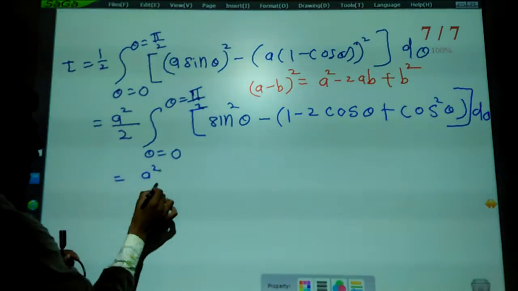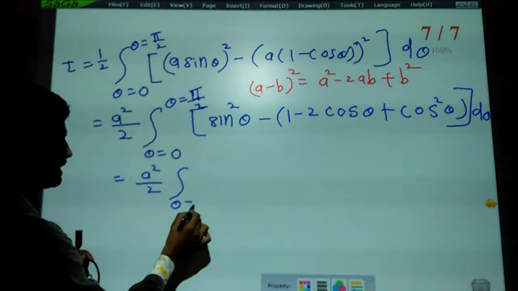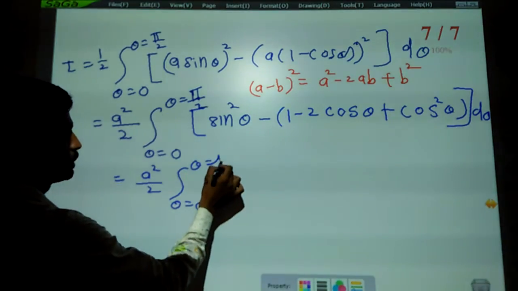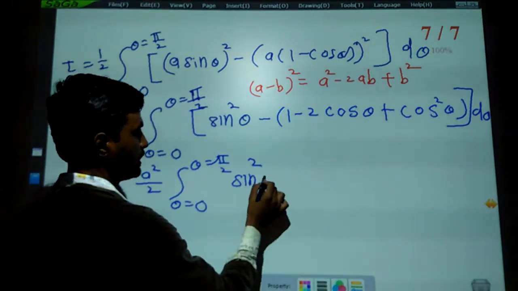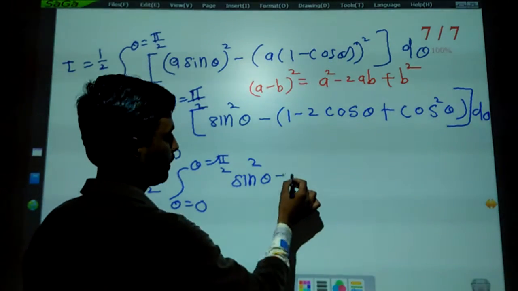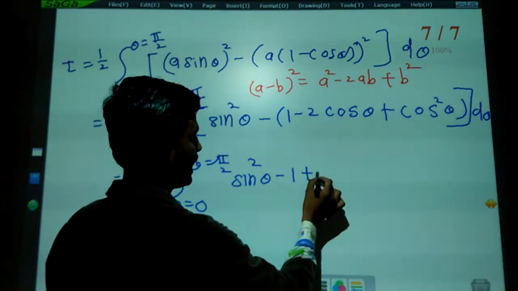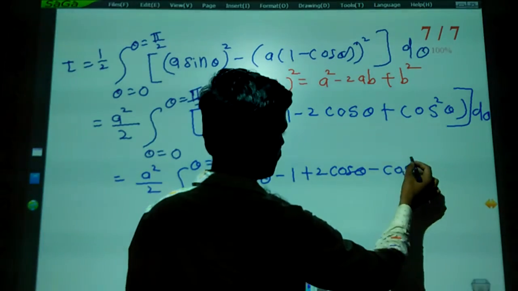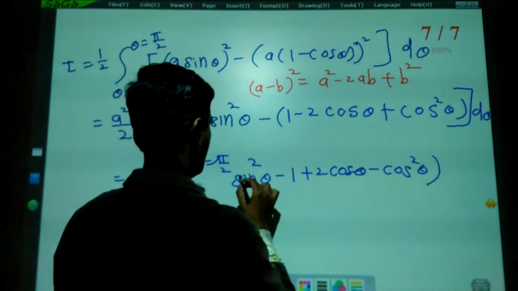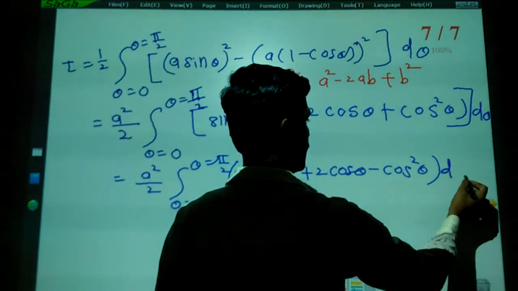A square by 2, theta from 0 to pi by 2, sin square theta minus, with minus minus becoming plus, 2 cos theta, and last is cos square theta, d theta.